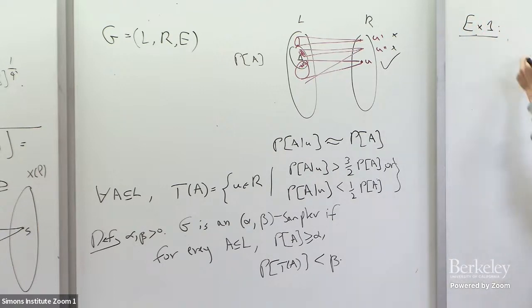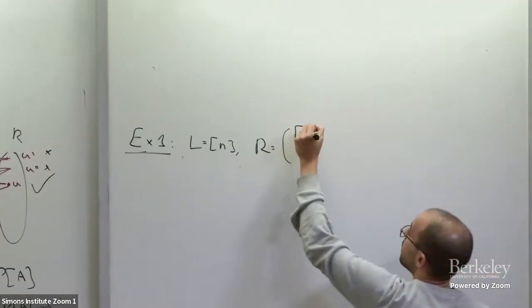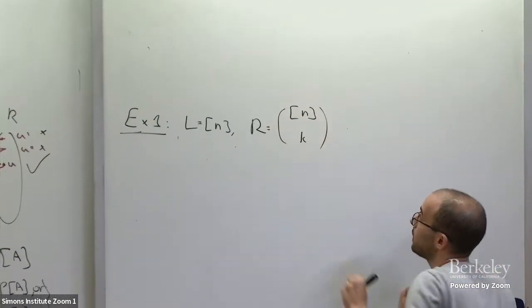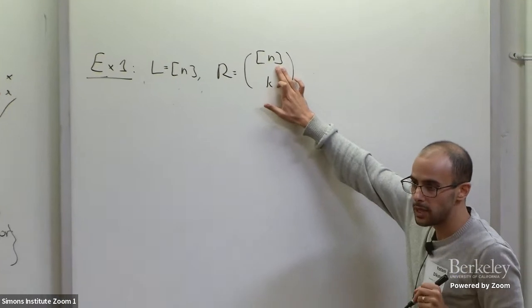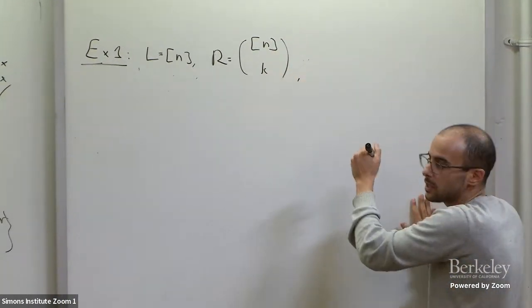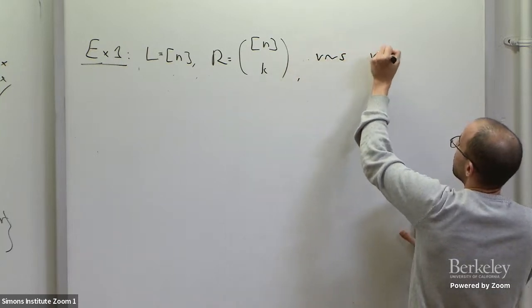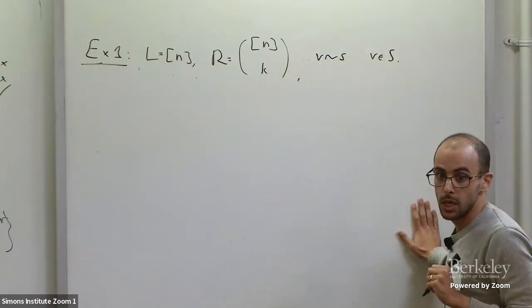Let's take our graph to be: the left side is some universe of size n, the right side is all possible subsets of n of size exactly k, and the edges will be containment edges. So V is adjacent to S if V contains S.